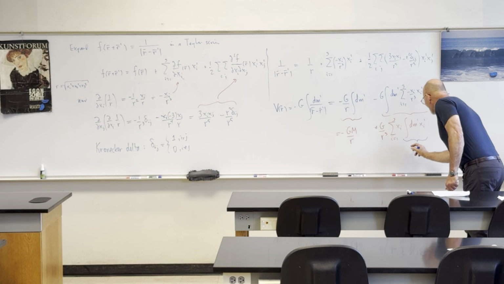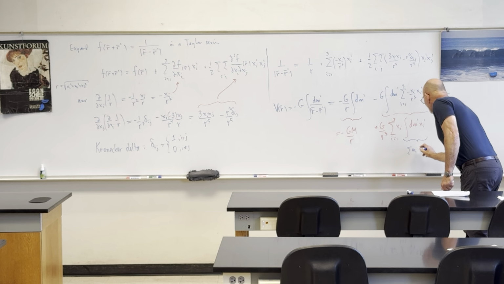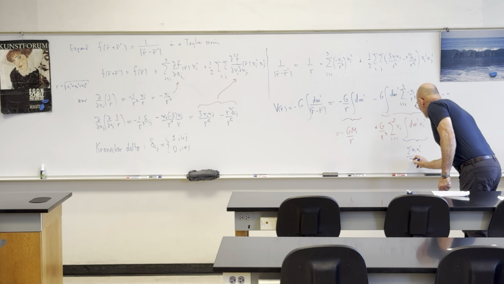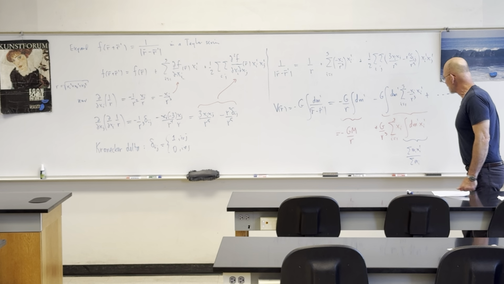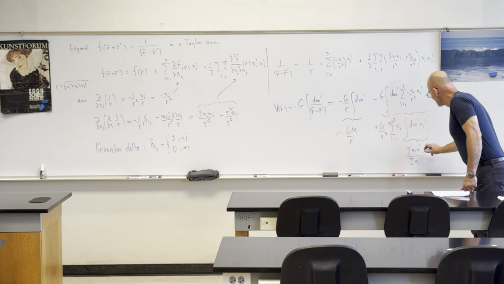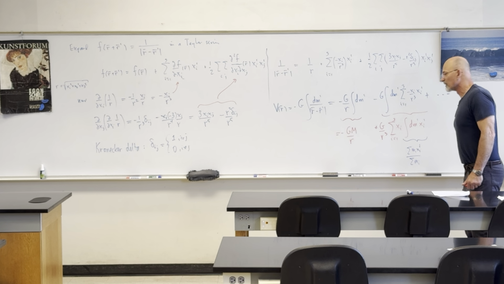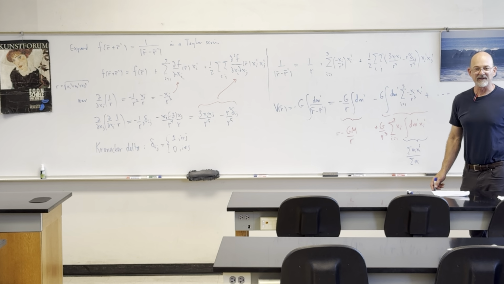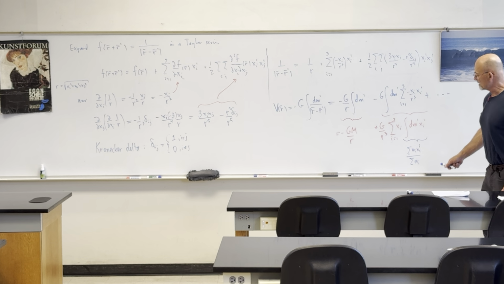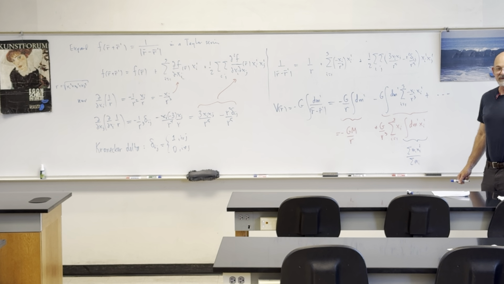Remember, the center of mass is like the sum of m_i x_i prime over the sum of m_i, for one of those coordinates. Everybody recognize that as the center of mass? Important to recognize.